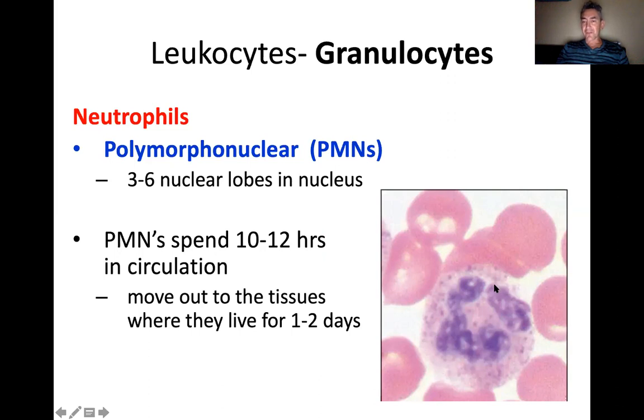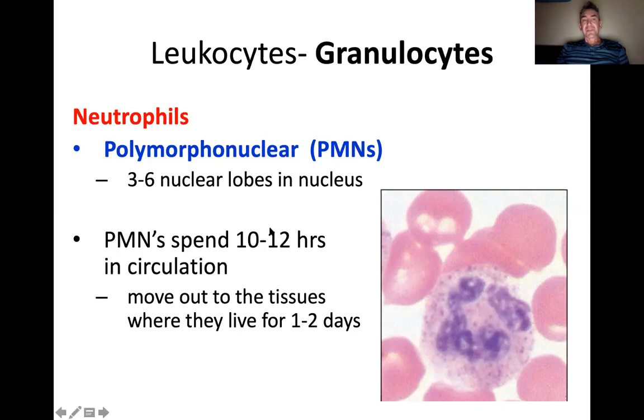So all this mess here is our polymorphonuclear shape. Neutrophils are going to have between 3 to 6 nuclear lobes. So we can say there's one lobe, maybe 2, maybe 3, maybe 4, depending on how you want to analyze that. But that's completely normal for these cells, and it doesn't affect the way that they function. Why they're like that, I honestly am not quite sure. But I do know that it helps the cell find and remove bacteria in the body.